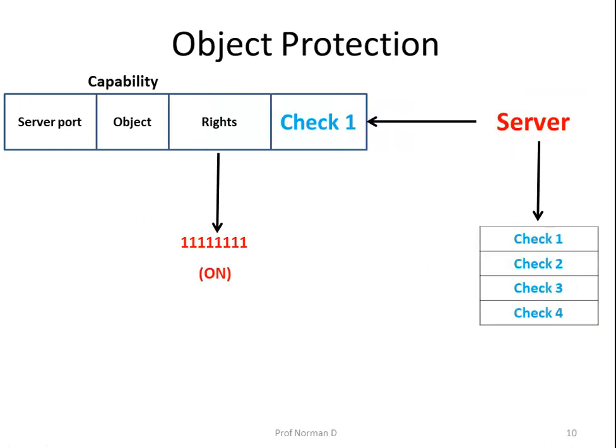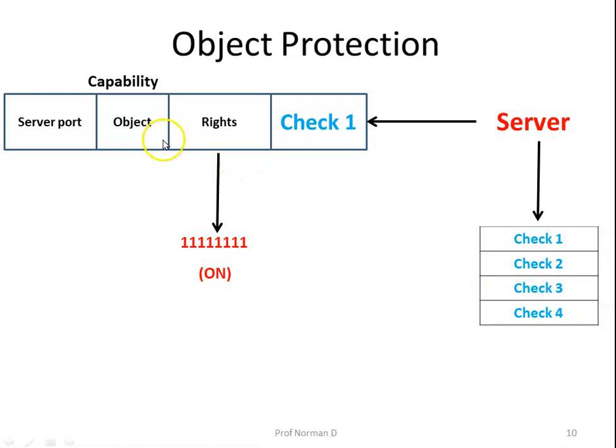Now, the basic algorithm used to protect objects is as follows. When an object is created, the server picks a random check field and stores it both in the capability and inside its own tables.